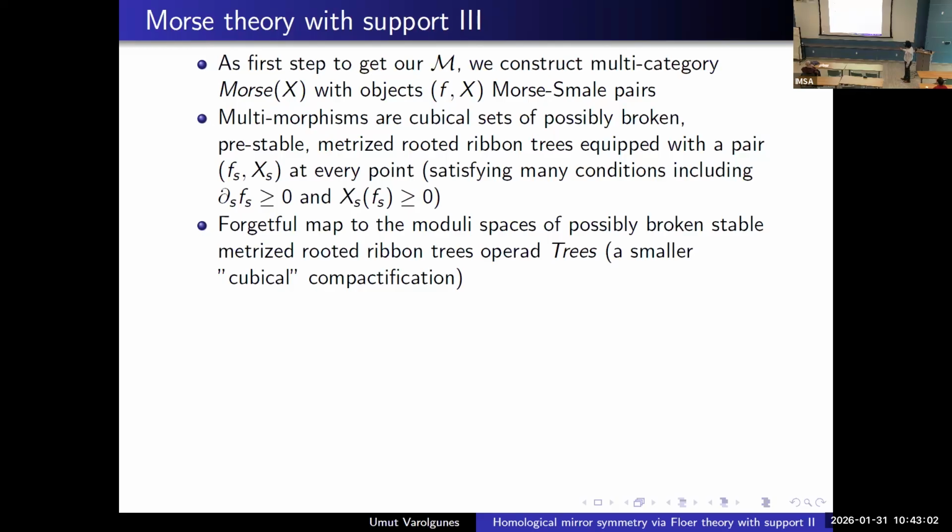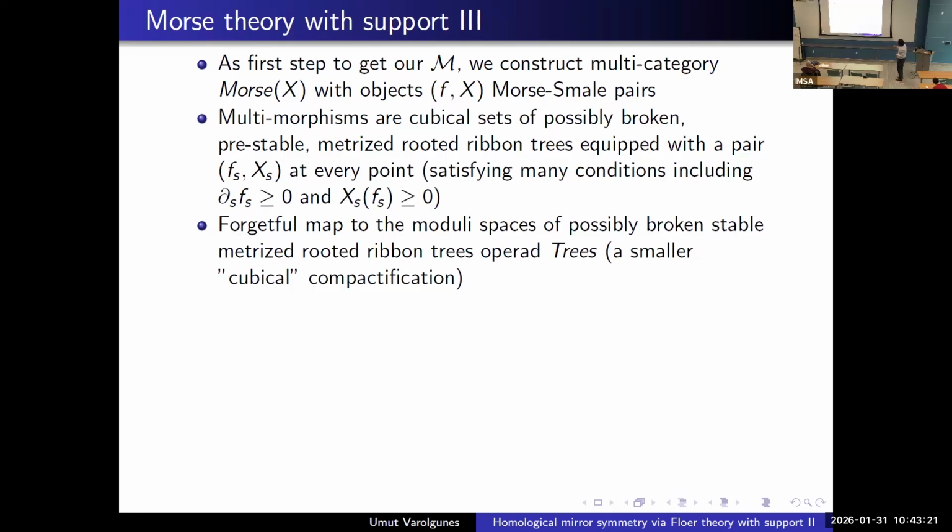Now I also have a forgetful map. This map to O is just: you have the data, you forget all the data, you just remember the type of tree, and you stabilize. There are some pre-stable components, you have to stabilize them.